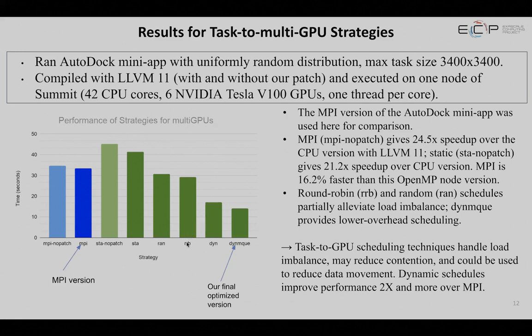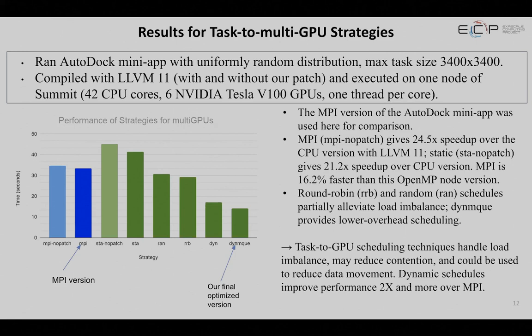Both of these already show performance improvement over the baseline of our original static, and a very slight improvement over MPI, but we want to point out that the real improvement comes from when you use dynamic scheduling, which we just highlighted and outlined in a previous slide, and that provides just about a 2x performance improvement.